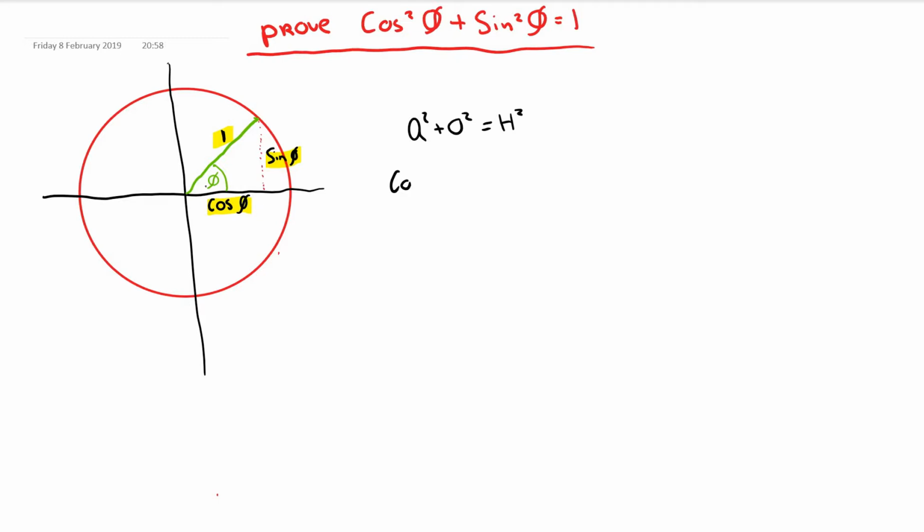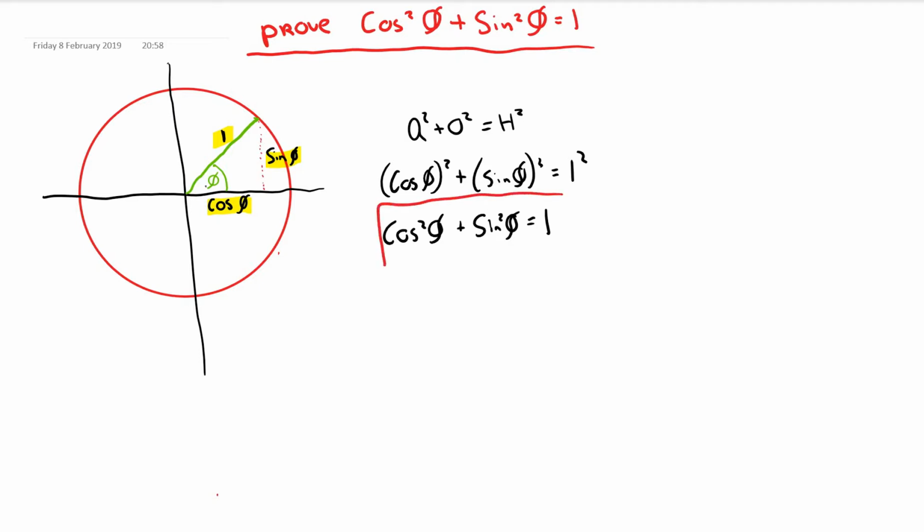So cos theta squared plus sine theta squared equals the hypotenuse squared, and the hypotenuse is 1 squared. Cos theta squared can be written as cos squared theta. Sine theta squared can be written as sine squared theta. And that equals 1, since 1 squared is 1. So there we go. That's the easiest of all the formulas to derive.